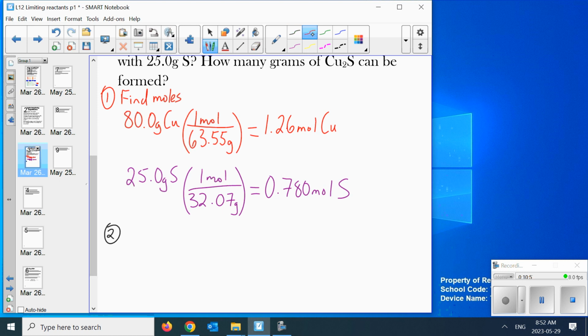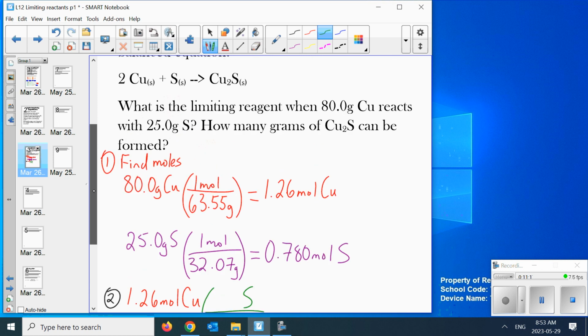It's not 80 grams because I've already converted it to moles: 1.26 moles of copper. I'm going to convert it to sulfur, but I'm going to look at the equation for the balancing numbers.